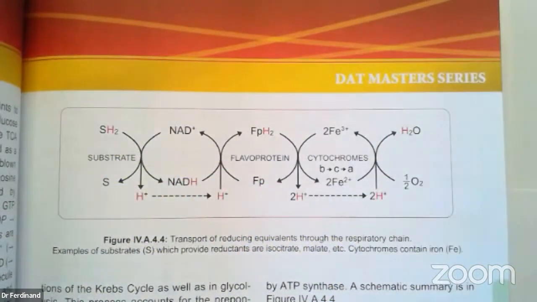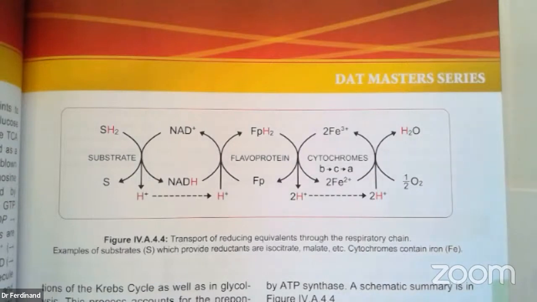The substrate is the basic chemical that is being used to transfer reducing equivalents. Sometimes substrates are used to transfer phosphate onto ADP to make ATP. That's substrate level phosphorylation, but this is oxidative phosphorylation.